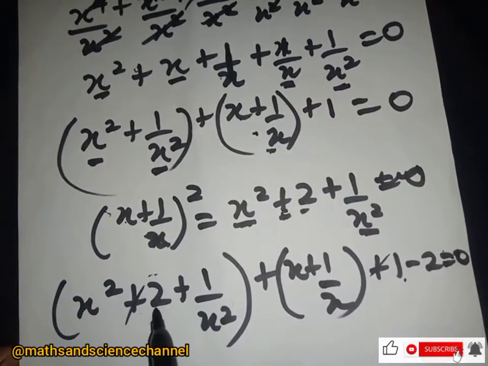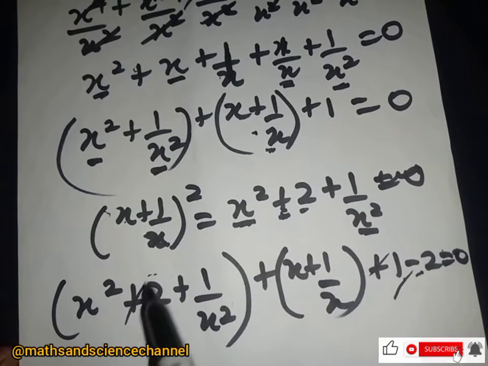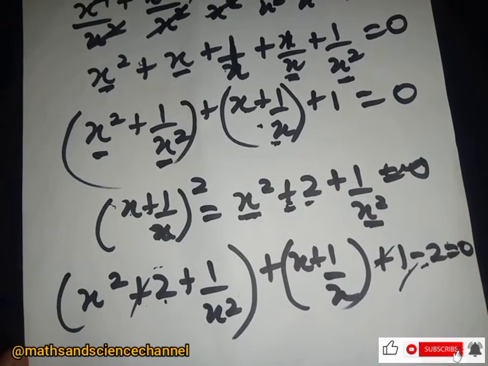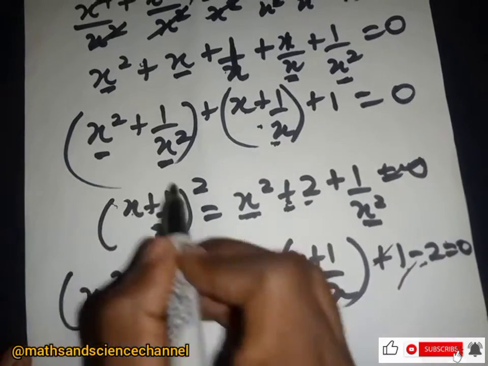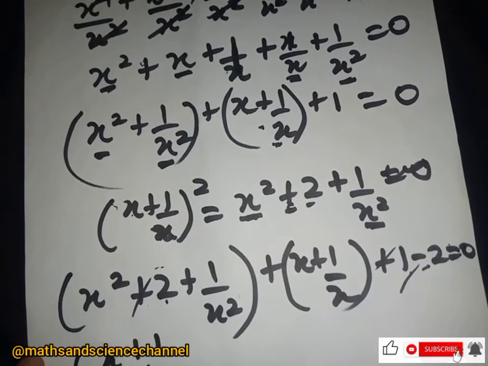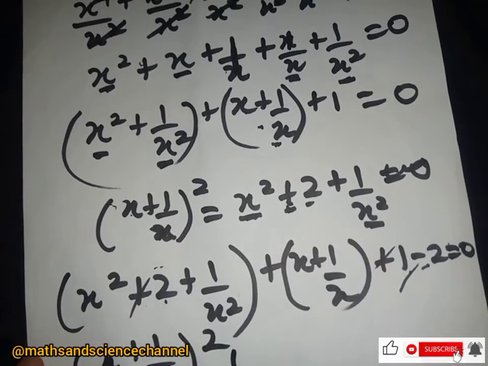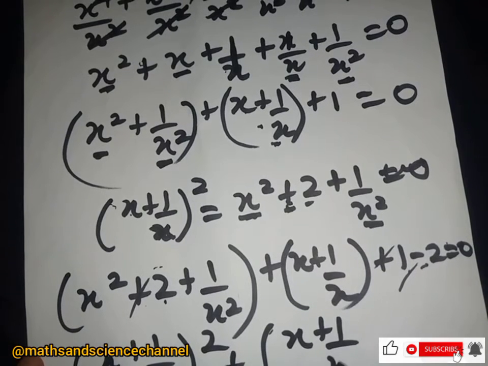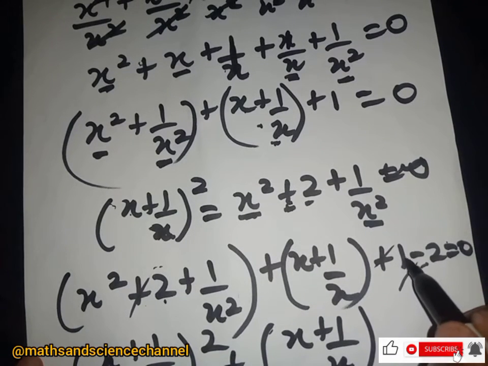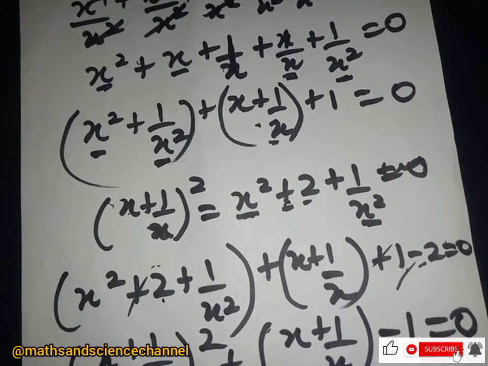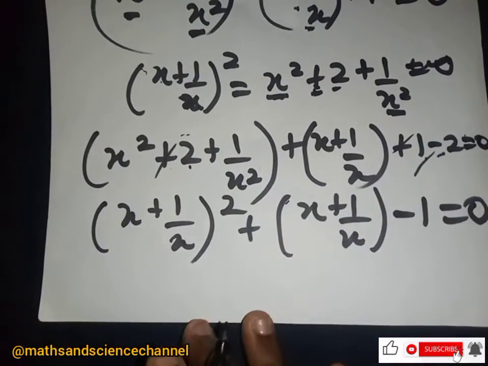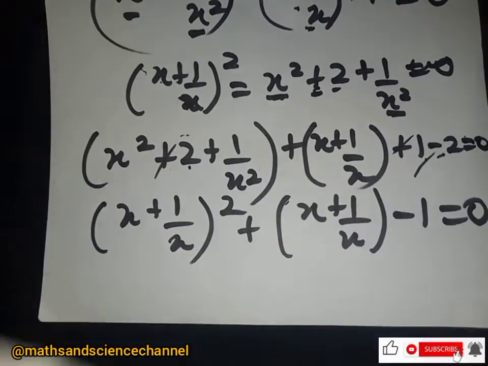So we can write this whole thing, x squared plus 2 plus 1 over x squared, as x plus 1 over x, squared, and then we still have our x plus 1 over x here. Over here we are left with minus 1 being equal to 0.